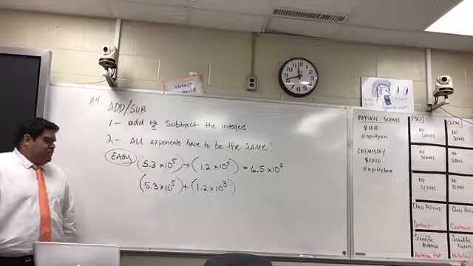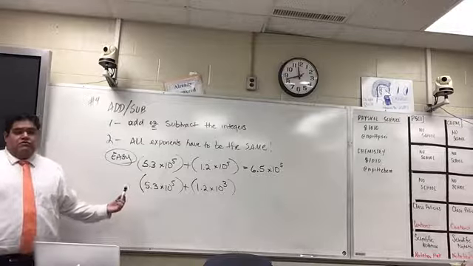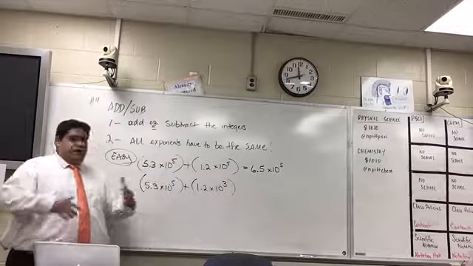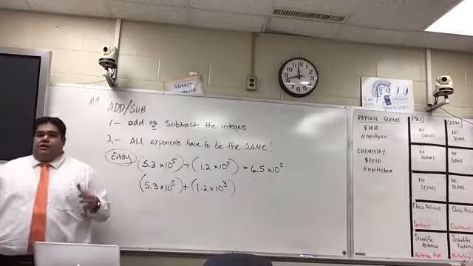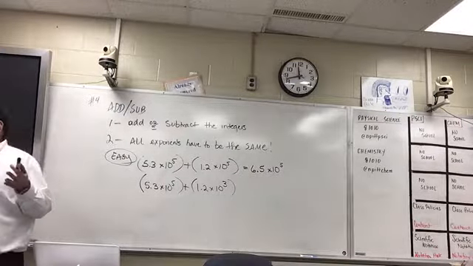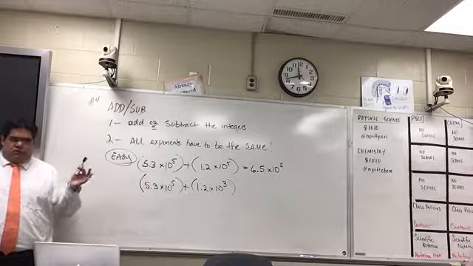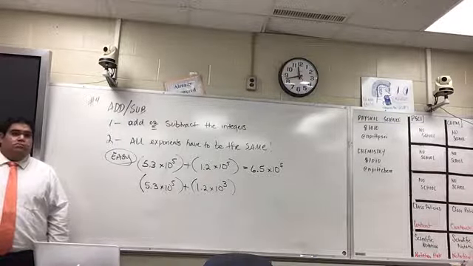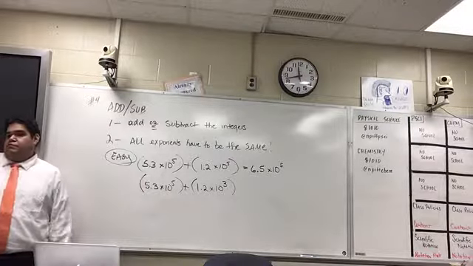First thing you need to do is figure out which one you are going to change. Are you going to change the 5 to make it a 3? Or are you going to change the 3 to make it a 5? It doesn't matter which one you do. You should still get the same answer. So, which one do you want to do? Change the 5 or change the 3?